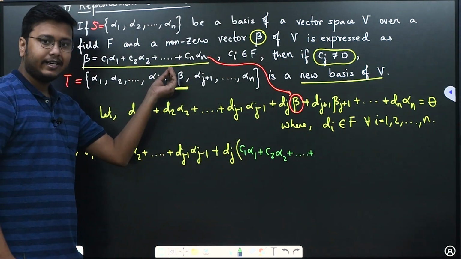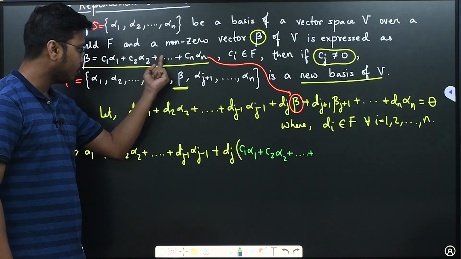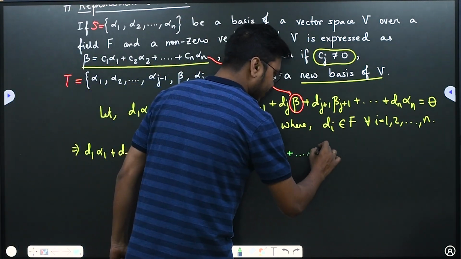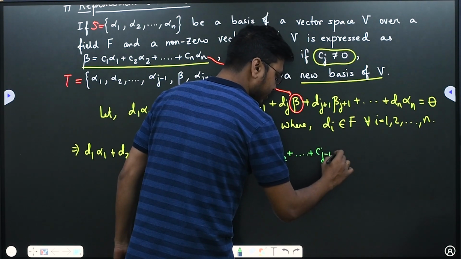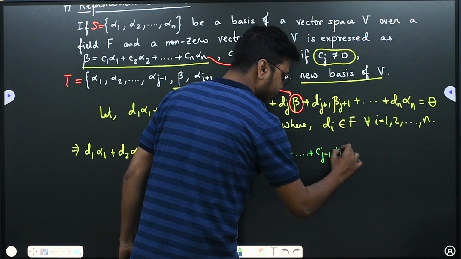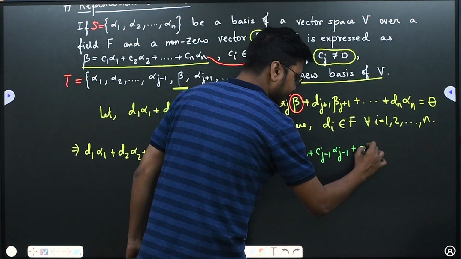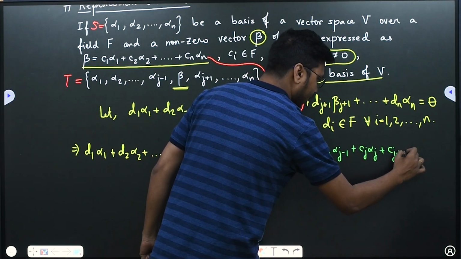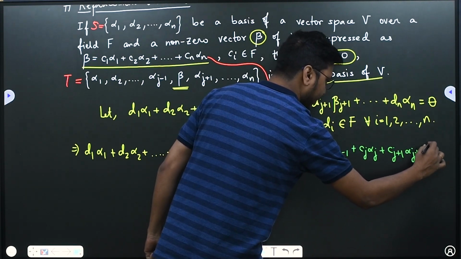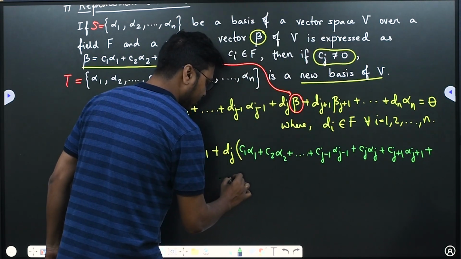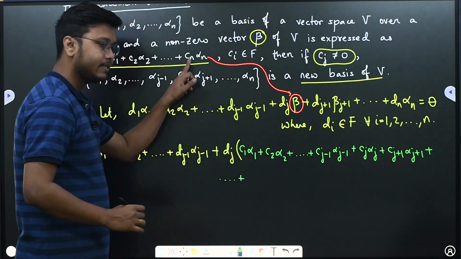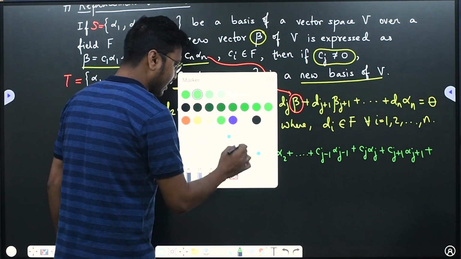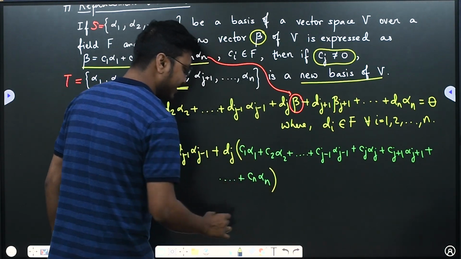I will write it in a more explicit way, so I want to write the jth element also to make my calculation easy. So I'm writing the j minus 1th element, which will be cj minus 1 alpha j minus 1 plus cj alpha j plus cj plus 1 alpha j plus 1 plus dot dot. This will go on until cn alpha n. So that's the substitution for the beta element.